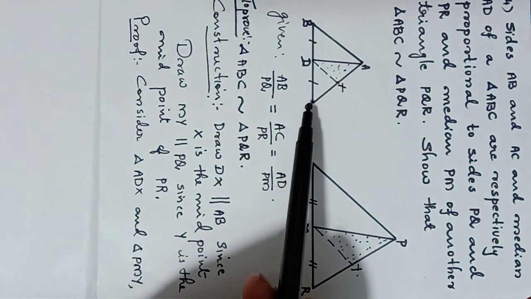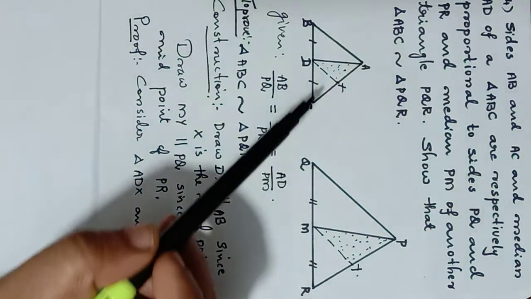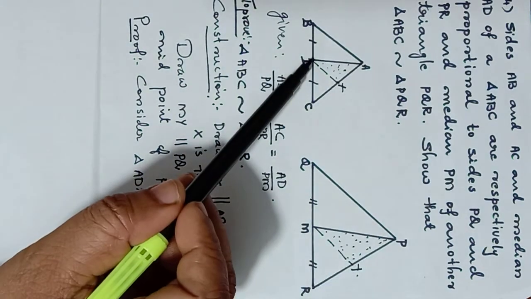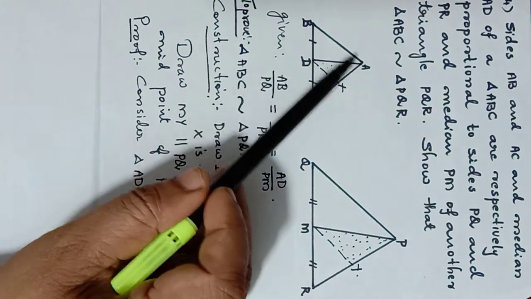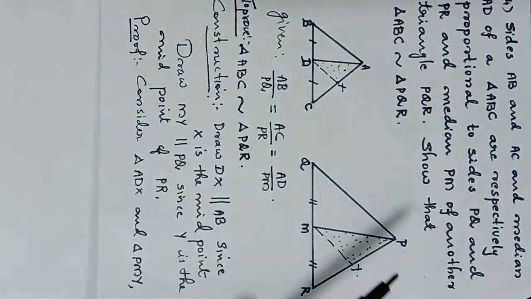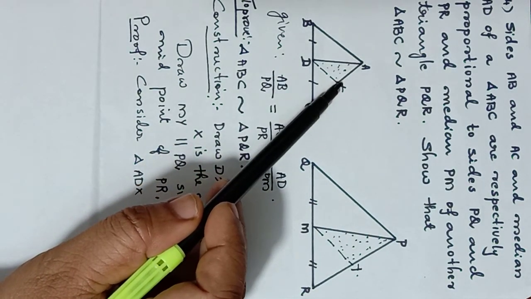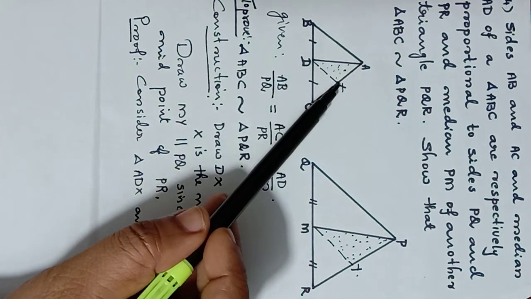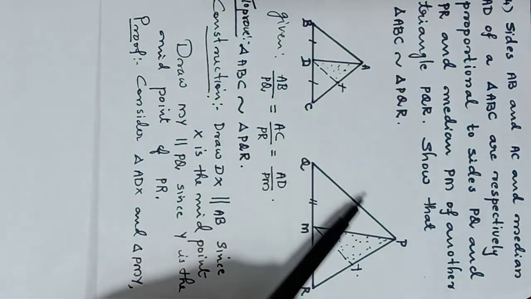So AX is half of AC, PY is half of PR. Similarly, we have to show the proportionality DX by MY. That's also easy because DX is half of AB. DX parallel to AB and half of AB using our midpoint theorem. Line joining the midpoints of two sides of a triangle is parallel to the third side and half of the third side. So DX is equal to half of AB, MY equal to half of PQ.